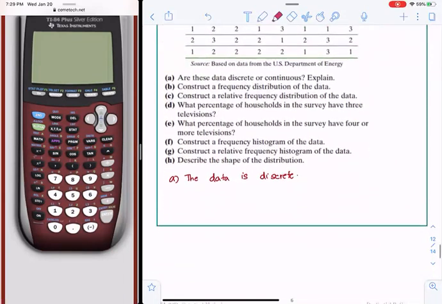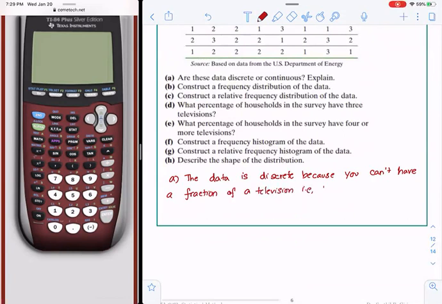So the data is discrete because the observations are whole numbers.